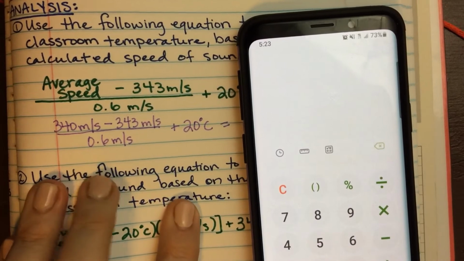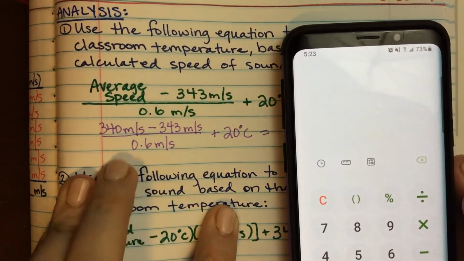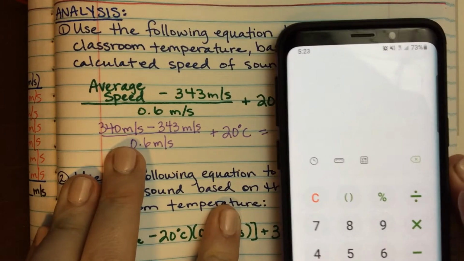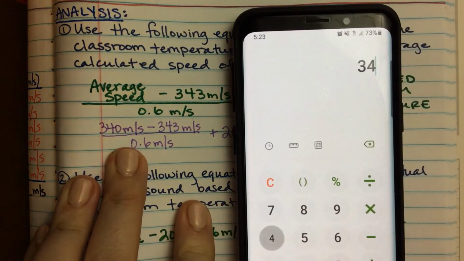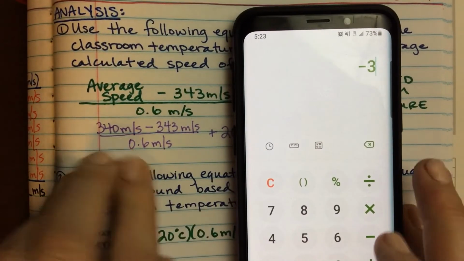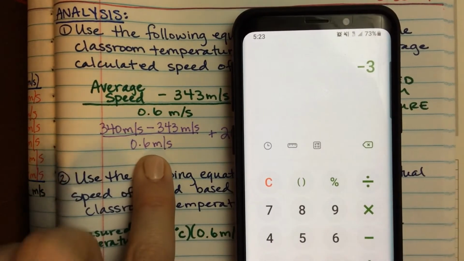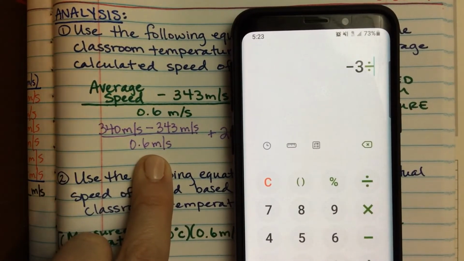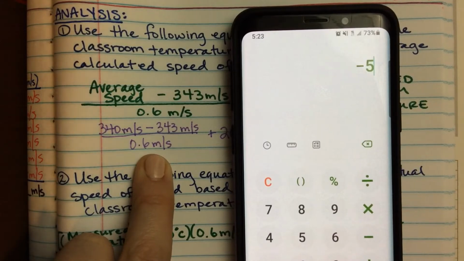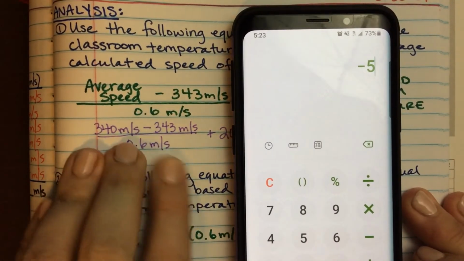The easiest way to make sure that your calculator is not missing anything is to do it piece by piece. So I'm going to start by saying 340 minus 343, and then I'm going to hit equals, so my calculator knows that this is the only thing I'm subtracting. Now I'm going to divide that by 0.6, and hit equals again, so that my calculator knows that's the only thing I'm dividing.